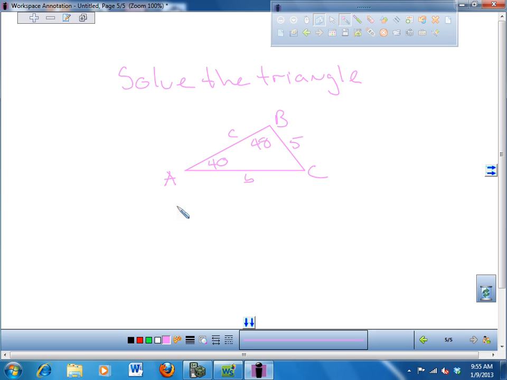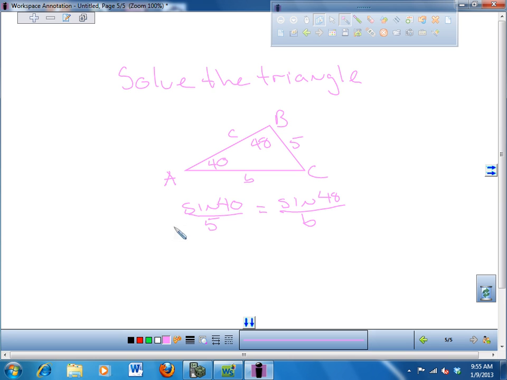Very good. Okay, so now use law of sines. Sine of 40, it's just like a proportion. Sine of 40 is to 5 as sine of 48 is to B. Now what you probably want to do is cross multiply. You know how to cross multiply, right?